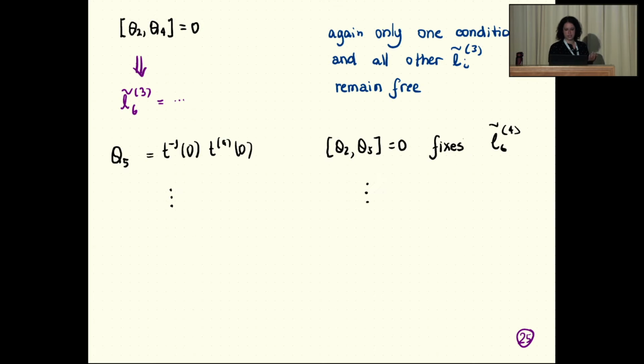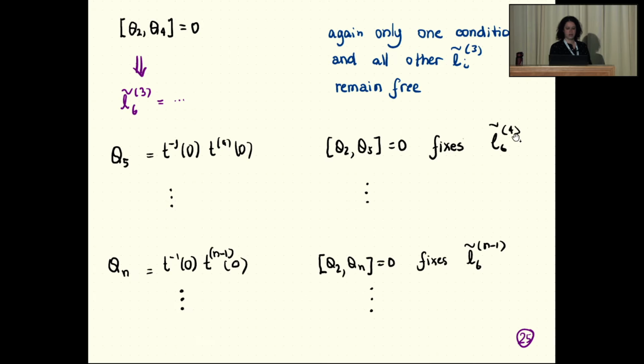When you commute Q2 with Q5, you fix L6 4, and if you commute Q2 with Qn, you get L6 n minus 1. All the crossed ones, like Q3 with Q4, are automatically satisfied if you satisfy Q2 with Qn.